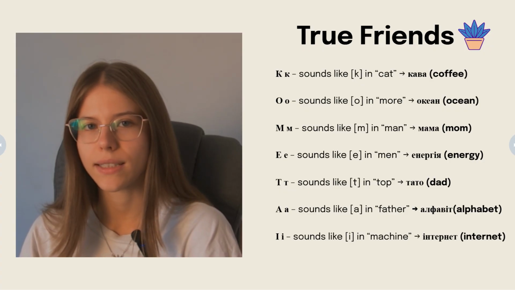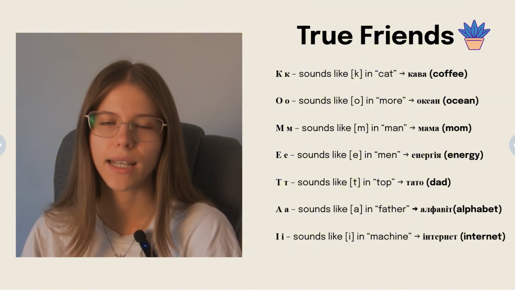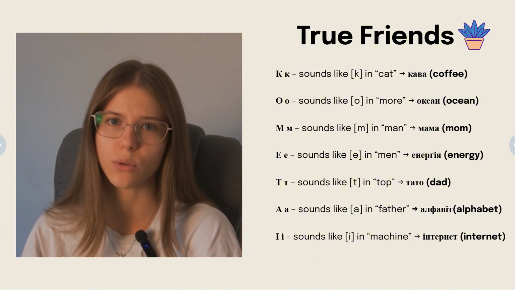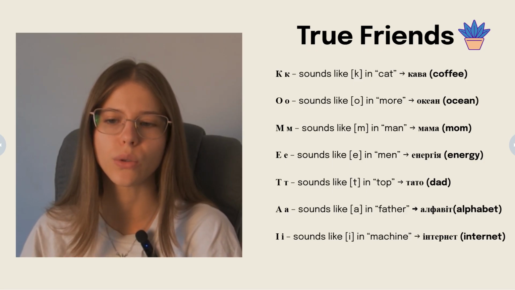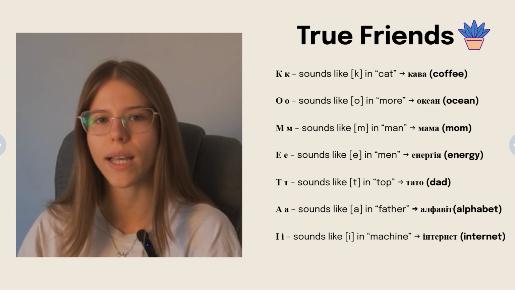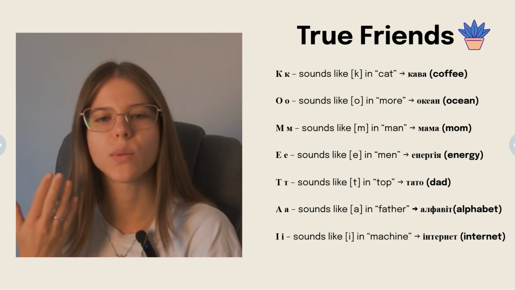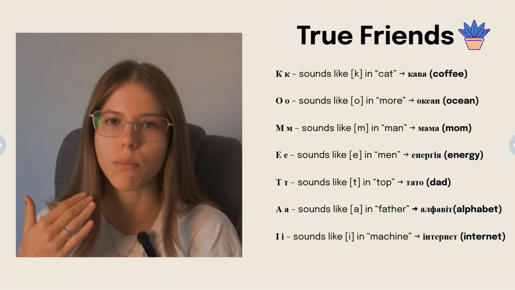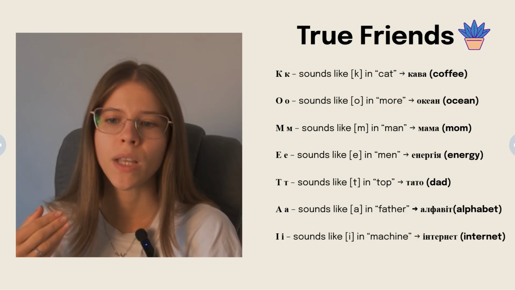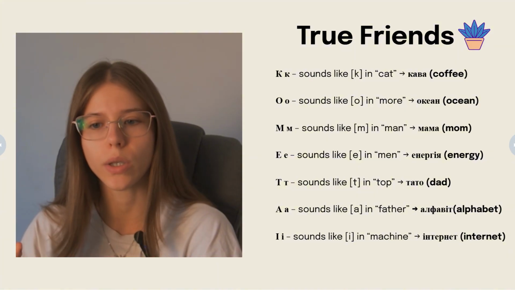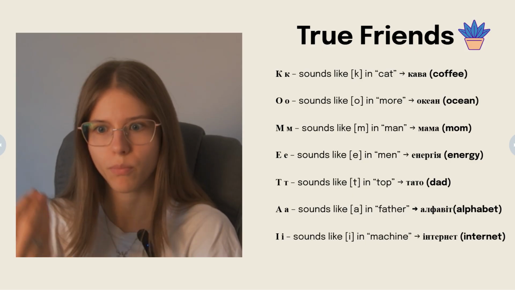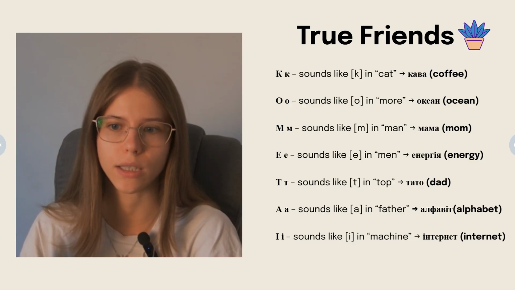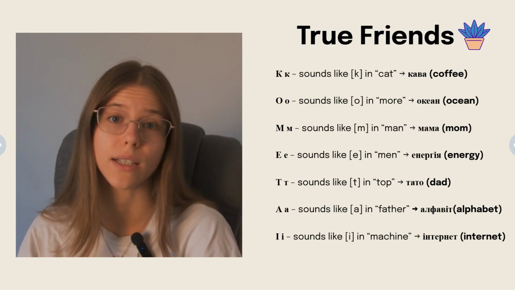If you need to listen again, you can play it again and listen one more time to how to pronounce all of them. As well, you have an example of how to pronounce each sound if you can't find the correct position of your tongue, teeth, mouth, lips, and so on. You can try to pronounce the English word like cat, and try to separate the K sound and pronounce it separately without the English word, and you will be able to say it in Ukrainian as well.